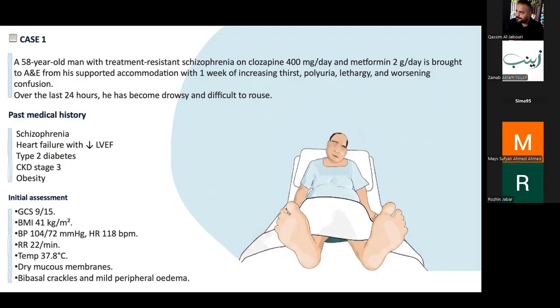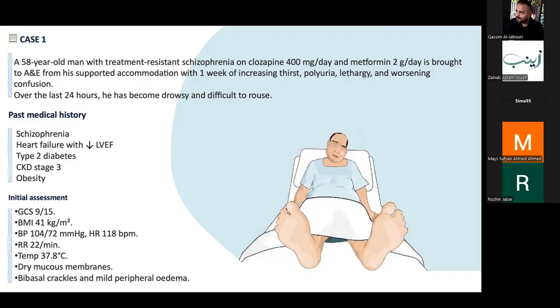This is your initial assessment. His GCS is 9 out of 15. He is obese with a BMI of 41. He has lowish blood pressure with tachycardia. His respiratory rate is 22, slightly tachypneic, and he is slightly feverish at 37.8 degrees.